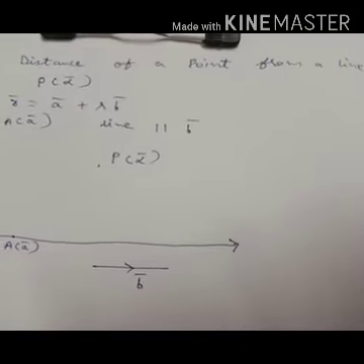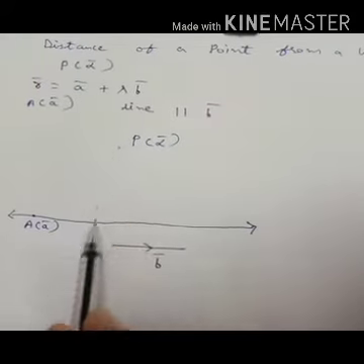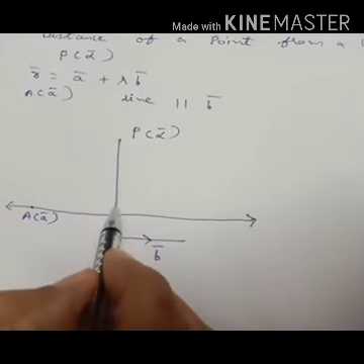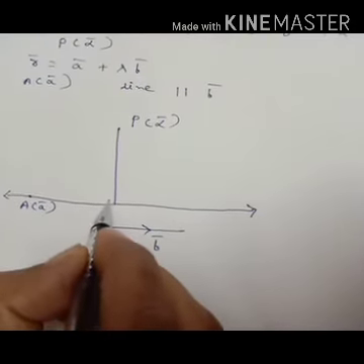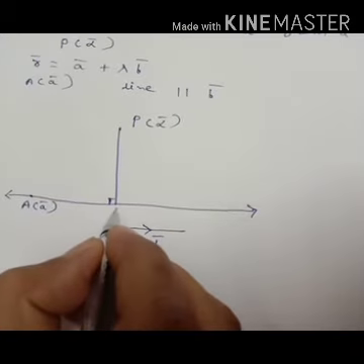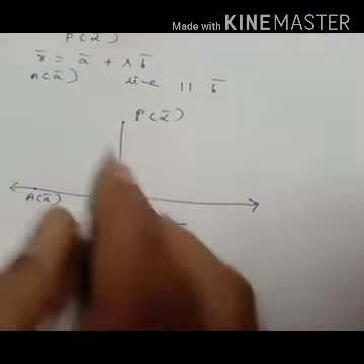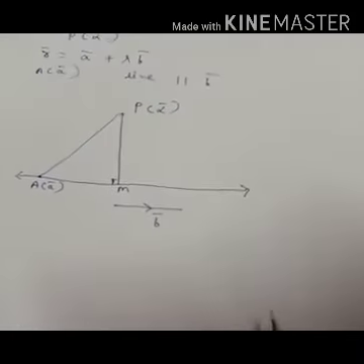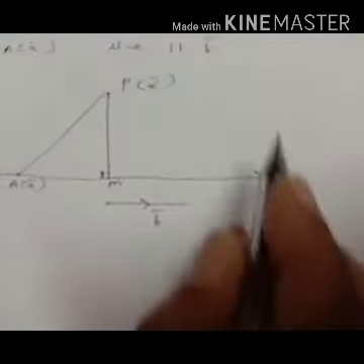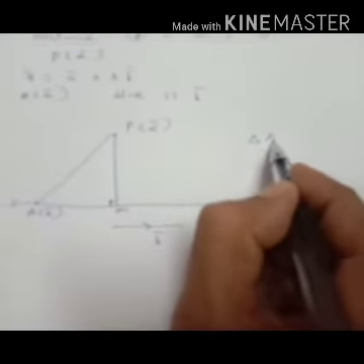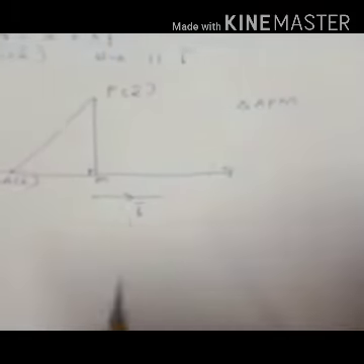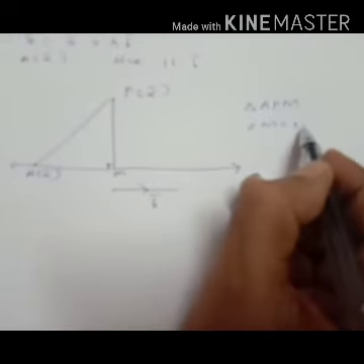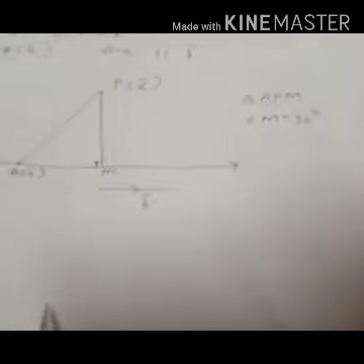Now we have to find the distance of the point from the line. From point P, draw a perpendicular on the line. Suppose it cuts the line at point M. Join AP. Now we can observe that triangle APM is a right angle triangle where angle M is a right angle, 90 degrees.